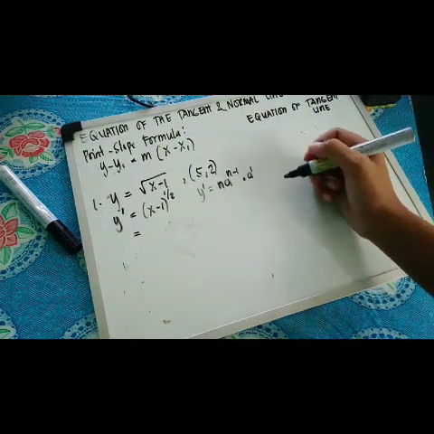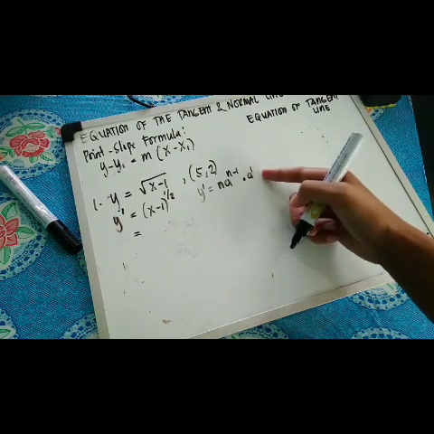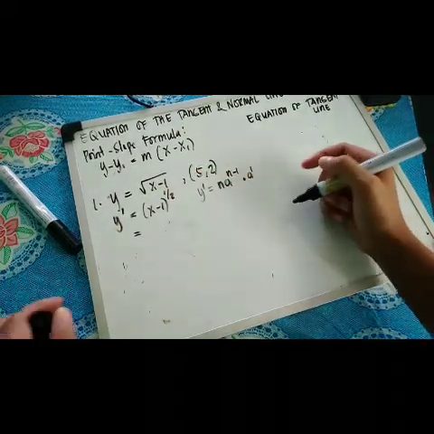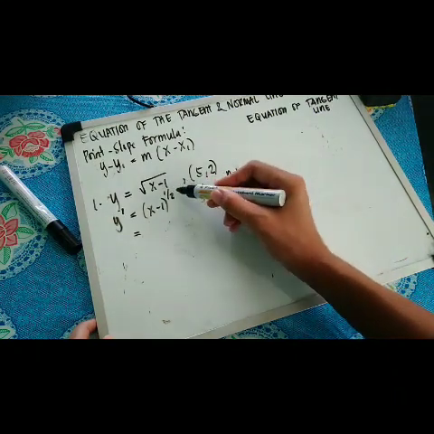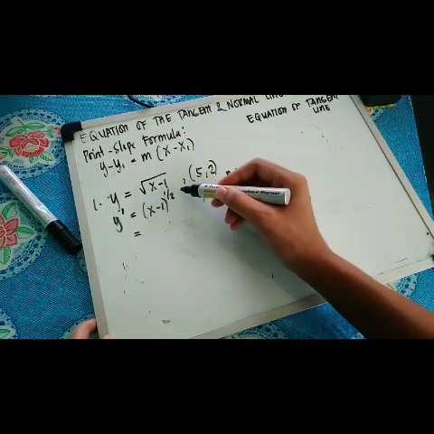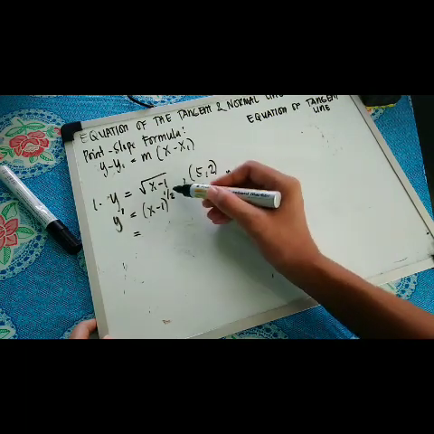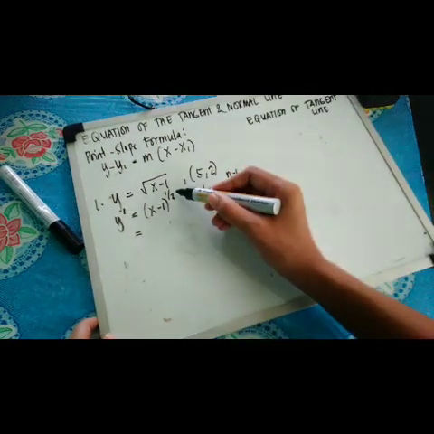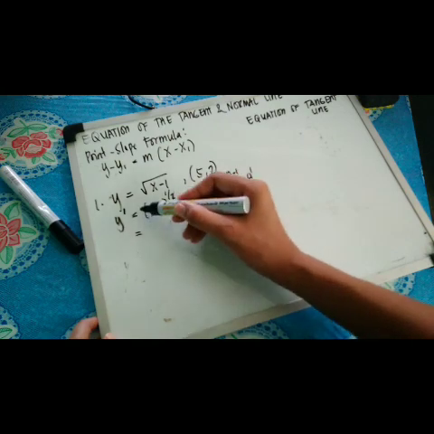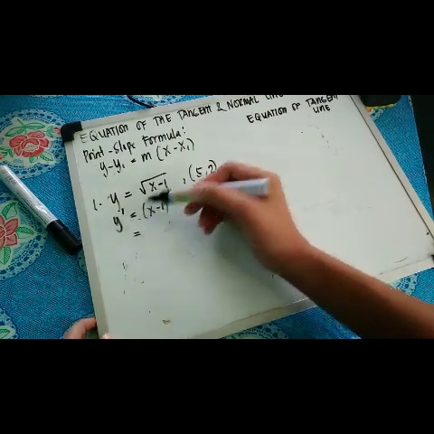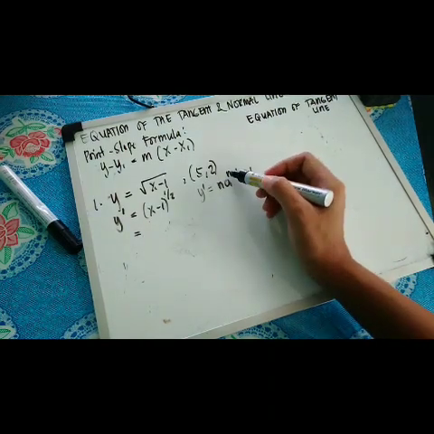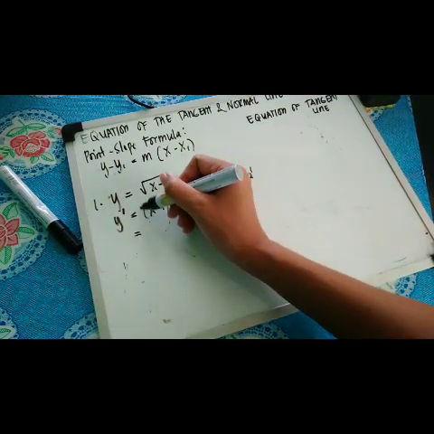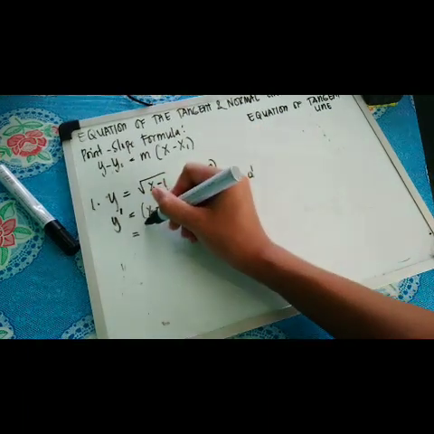So using this formula, 1/2 is our n, and n minus 1 is equal to negative 1/2. But before that, we need to multiply first the exponent times the coefficient. So we have 1/2 times 1, so we have 1/2.